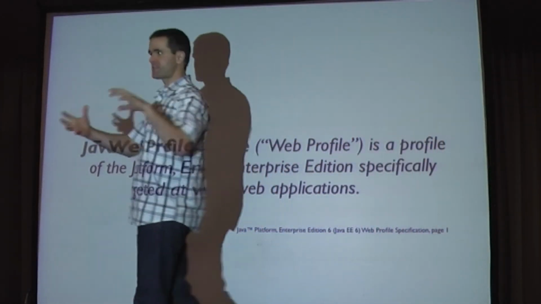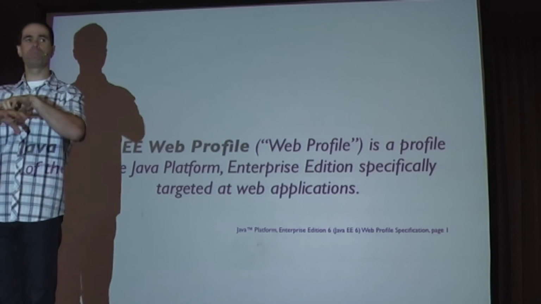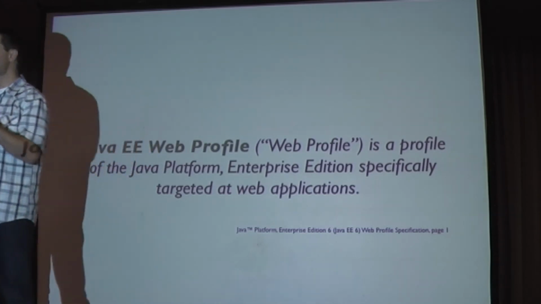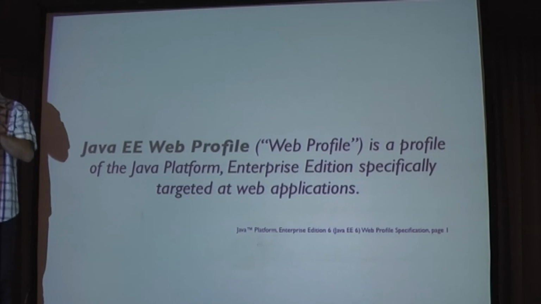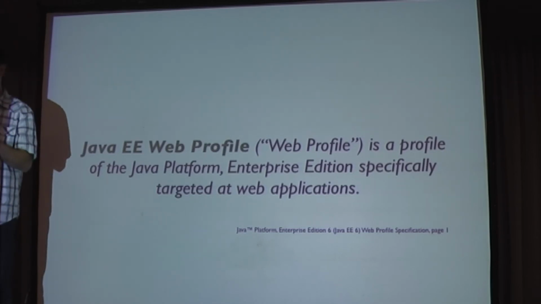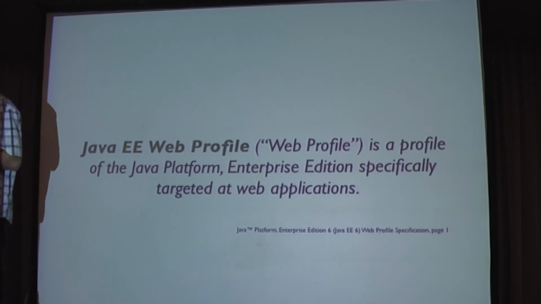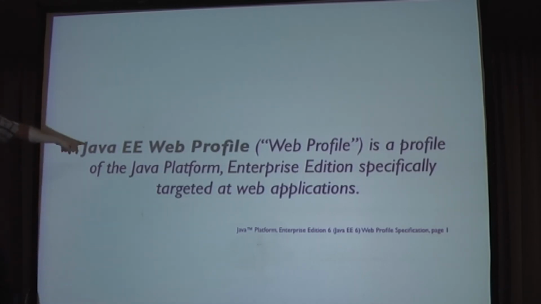So in essence, Java EE 6 is a very big platform. It's very huge specification-wise. So the people behind Java EE 6 came to the conclusion to minimize the number of specifications that are required to be supported by application servers that are only for web applications. So Java EE Web Profile is a subset of specifications of Java EE, the full platform, merely for web applications.